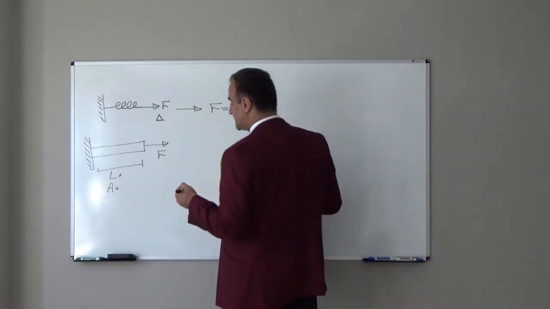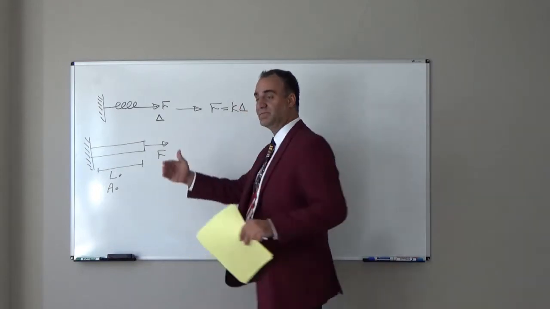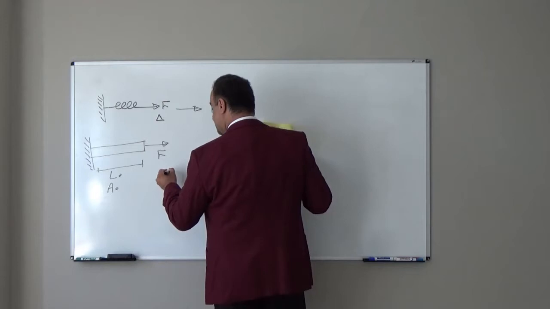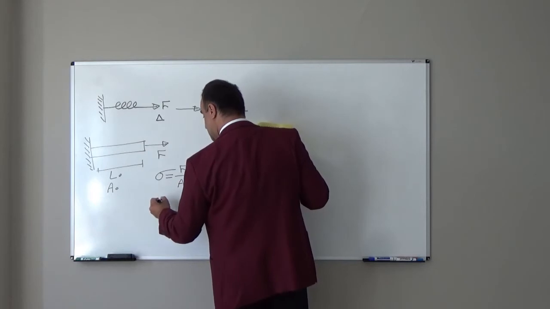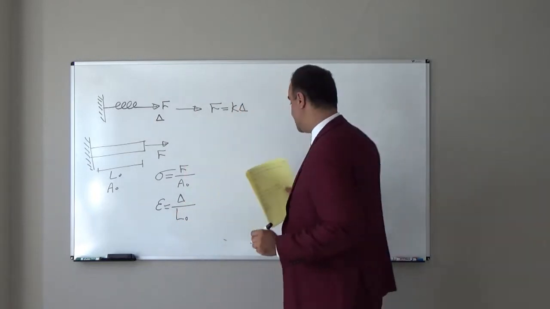First, force is 0, then step by step I increase the force to the F1 value, F2, F3 and so on. So, what is the stress? Normal stress is force divided by initial cross-sectional area. Strain is equal to deformation divided by initial length.